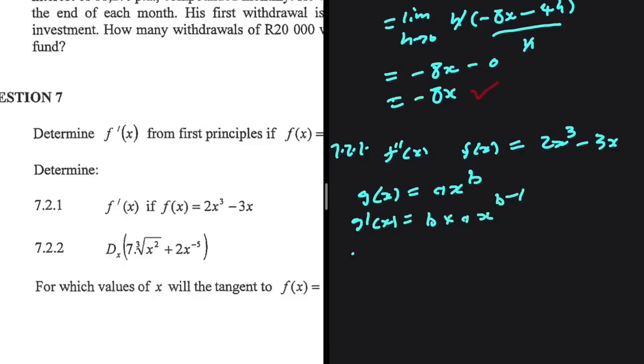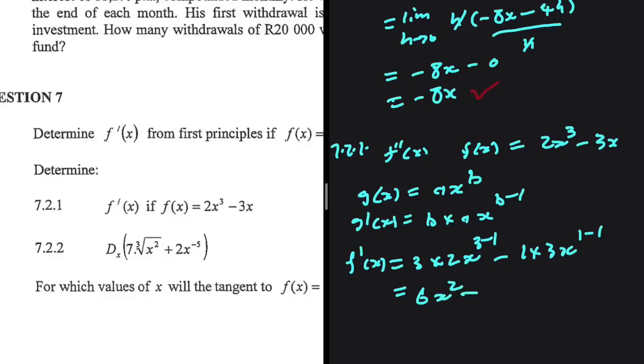If we go ahead and apply this same idea on f of x, we're going to have 3 multiplied by 2 multiplied by x to the power 3 minus 1, minus 1 multiplied by 3 x to the power 1 minus 1. So f prime of x will be equals to 3 multiplied by 2, that is 6. So we have 6x squared minus 1 multiplied by 3, that is 3.